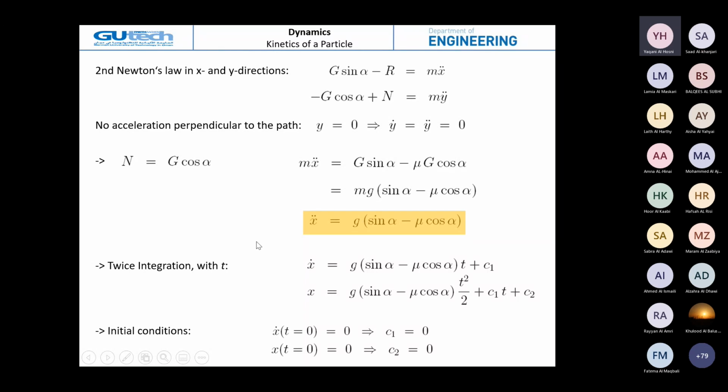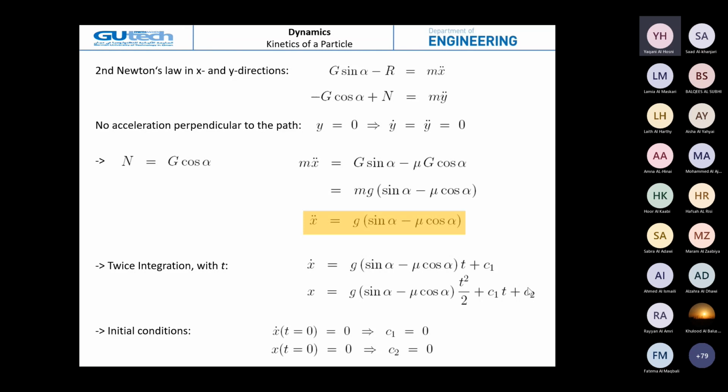Now we take the equation for the acceleration in x direction and integrate it twice. We get the velocity and then the position. For the integration to get the velocity, we get the constant C1. For the position, we get the constant C2.